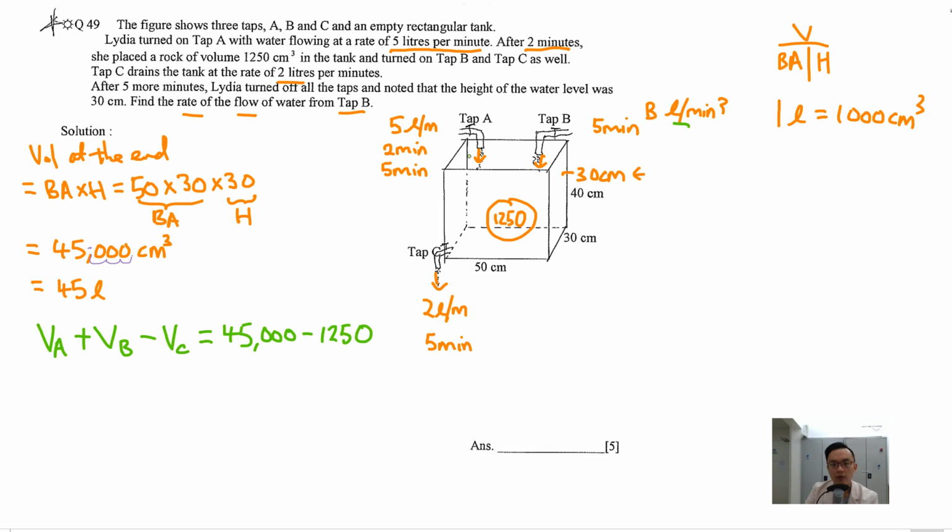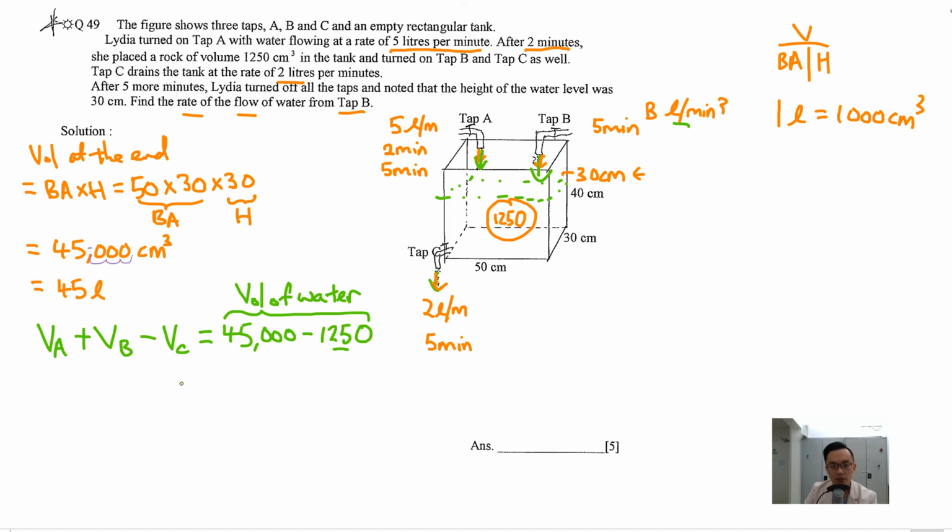I want to find the total volume of A going in, volume of B going in, minus away this volume, total volume, all right, is equals to the 45,000, which is this amount of water inside. But I have a rock over here, which is 1250, so I need to minus away the 1250 to get the volume of water. So this is the volume of water. All right, minus away the rock, which is 1250.